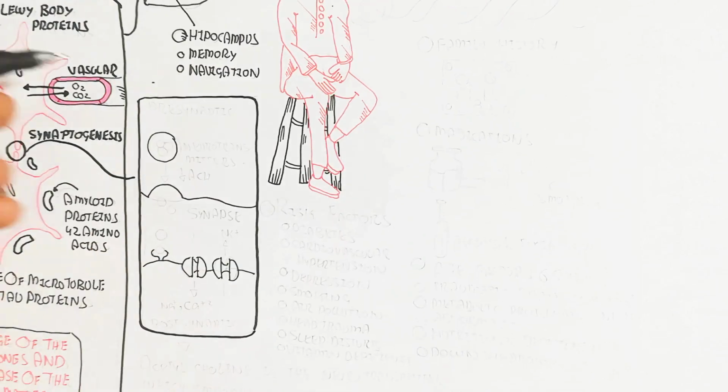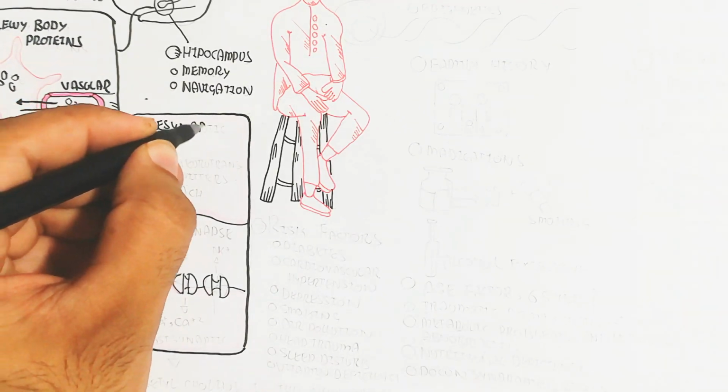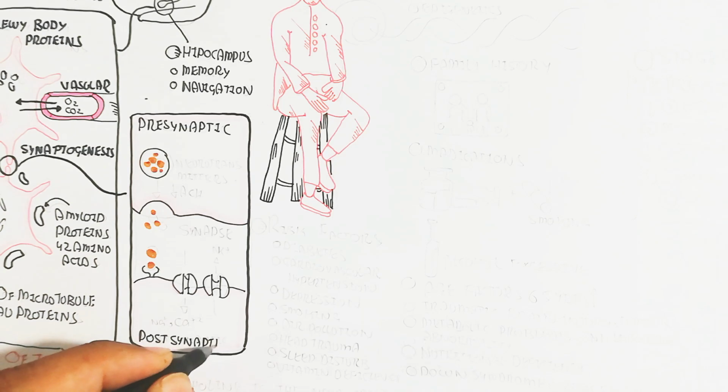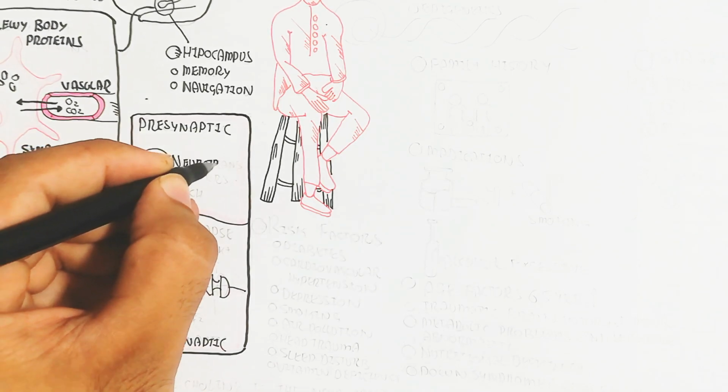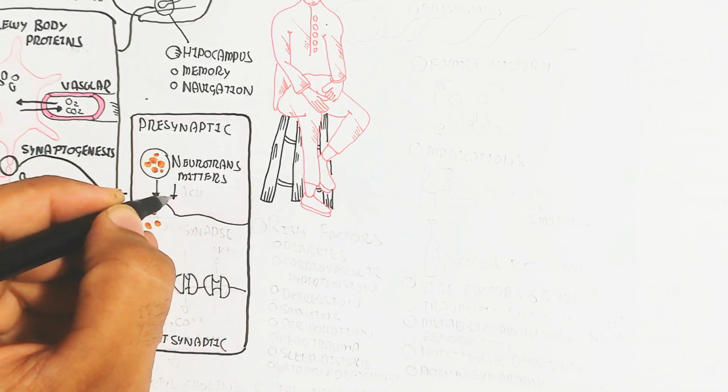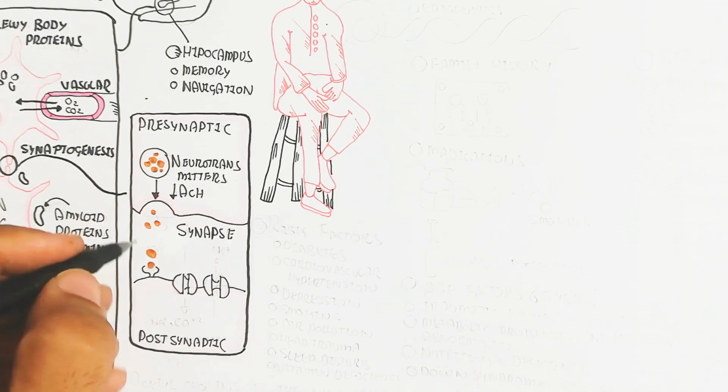Let's understand the synapse. This is the presynaptic neuron and the postsynaptic neuron. When a neurotransmitter like acetylcholine declines, it will not bind properly.